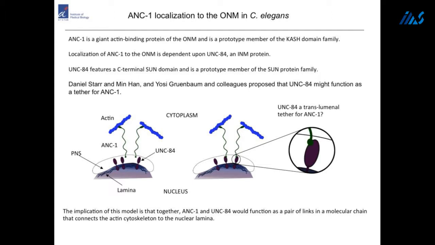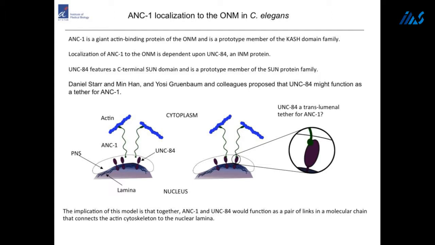Now, UNC84 is a prototype member of another protein family, the SUN-domain family. UNC84 is localized to the inner nuclear membrane, and its localization was dependent on the presence of the single C. elegans lamin.